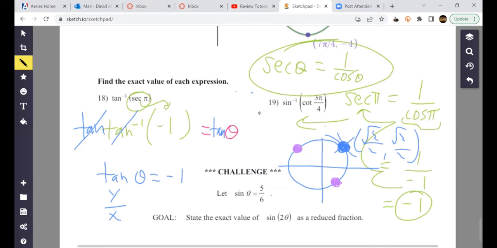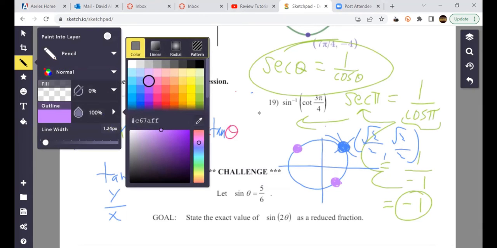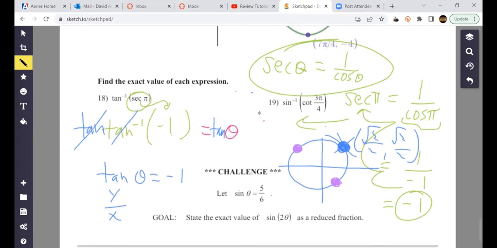But now the question is, which of these two is it? Well, that's when we remember from the lecture the other day that tangent inverse goes from here to there. So this one's no good. It's outside the appropriate window. So this one wins.